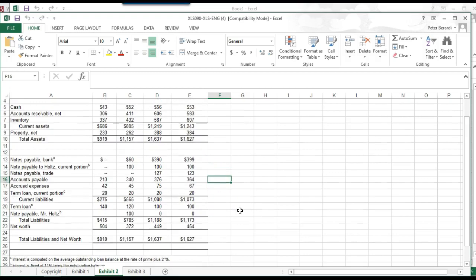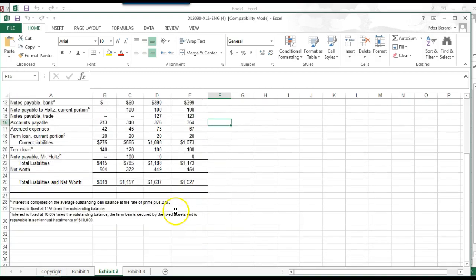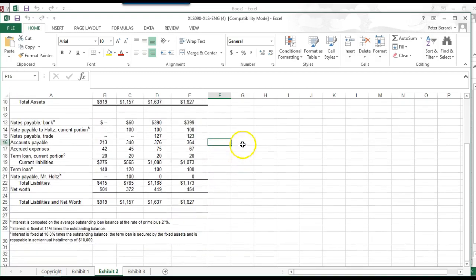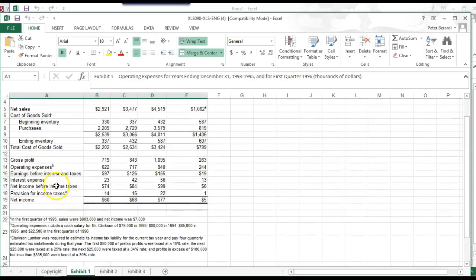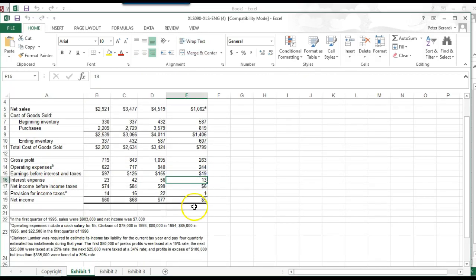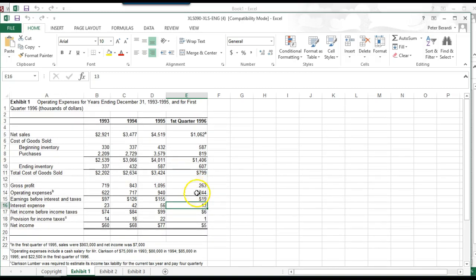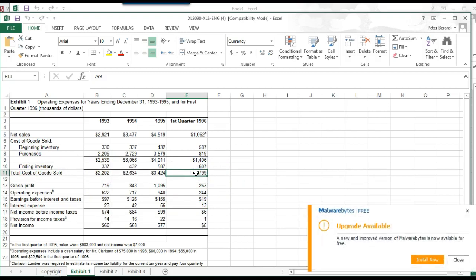So that's the kind of thing where I'm going to basically say, this student is thinking things through. They want to take the 2%, perhaps generate more profit. By taking that 2%, they can generate less interest expense. They can also generate a lower cost of goods sold, because now their purchases cost less by 2%.